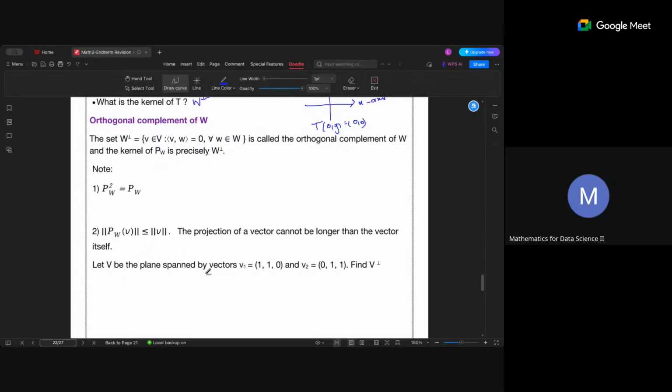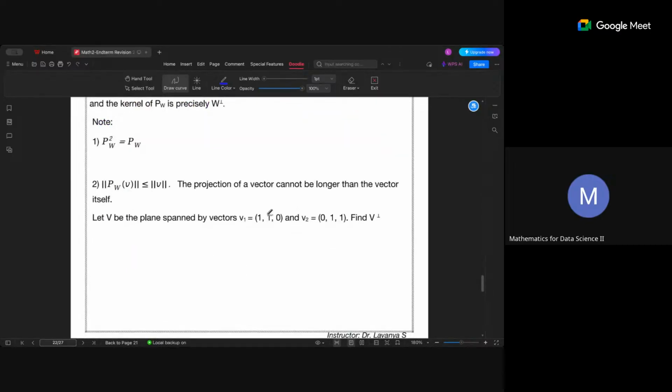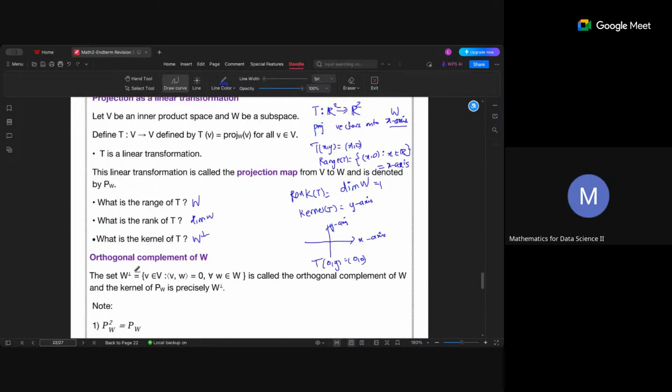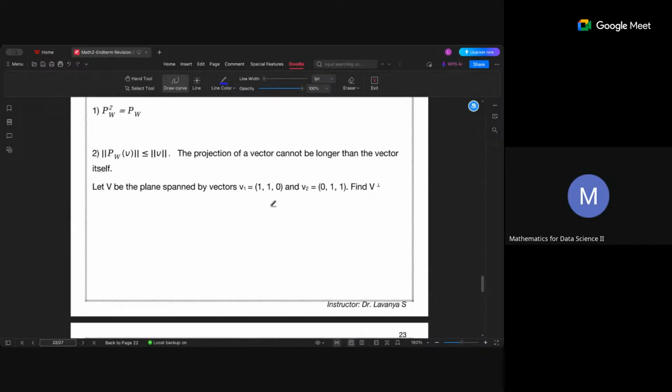Now you take two vectors v1 and v2. Can you find v perp, where v is the space spanned by v1 and v2? This is the definition of the orthogonal complement. How can you do it? Let us take some vector x comma y comma z.